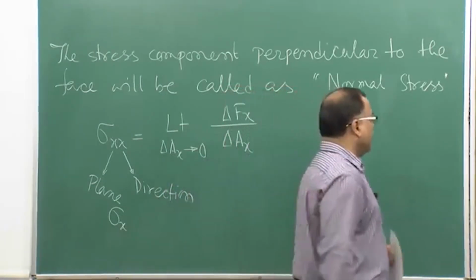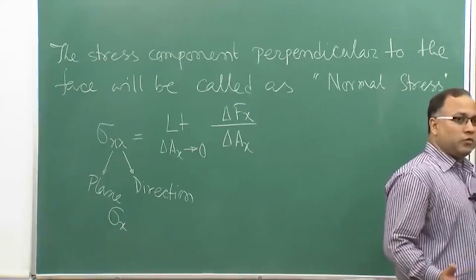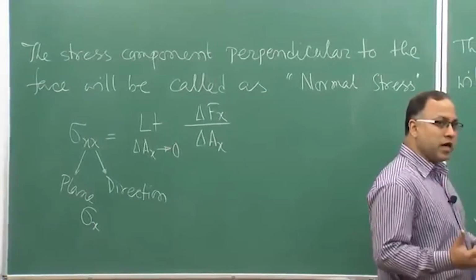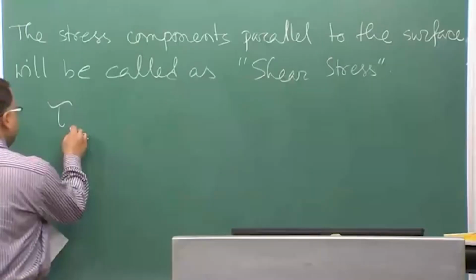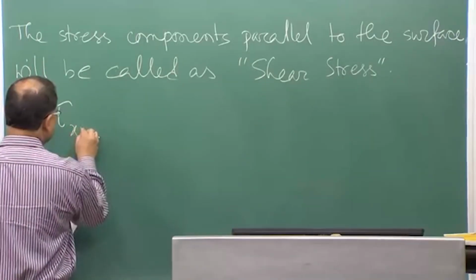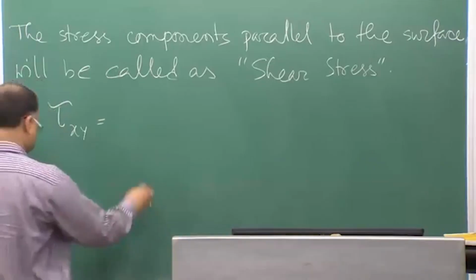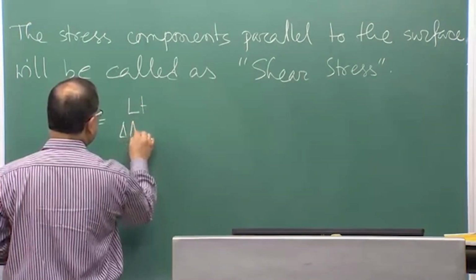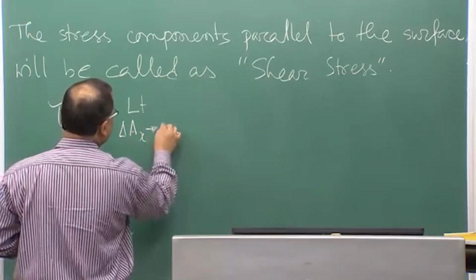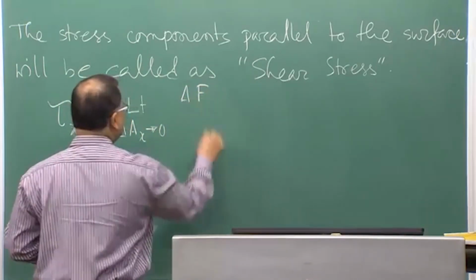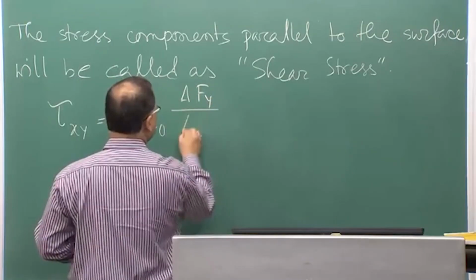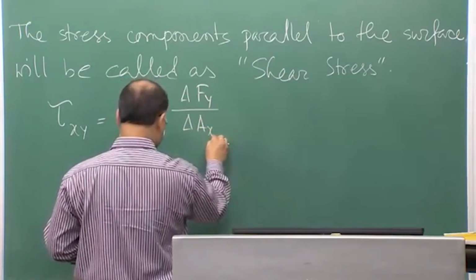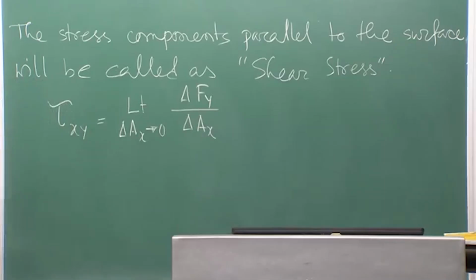So, if I write tau, that will define the shear stress, and then I can write x y, limit delta A x tends to 0, delta F y over delta x. Okay. So, this is the definition of one shear stress component.